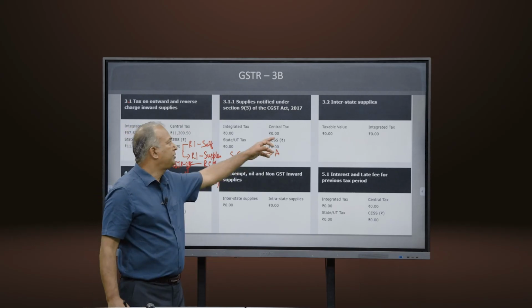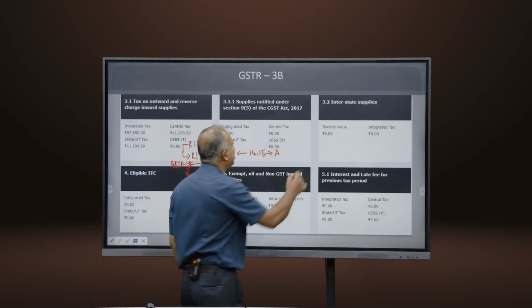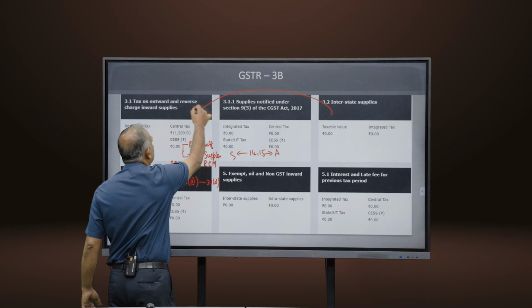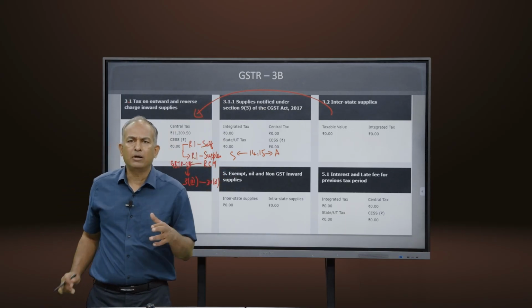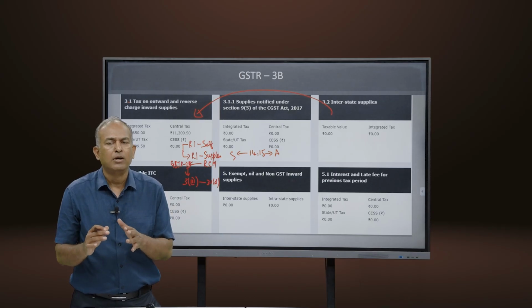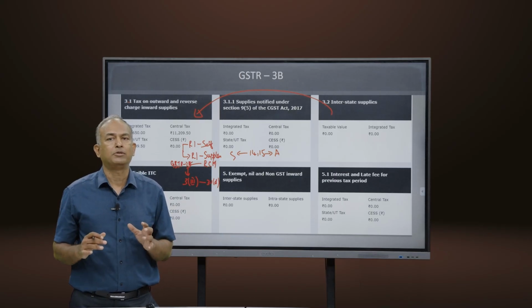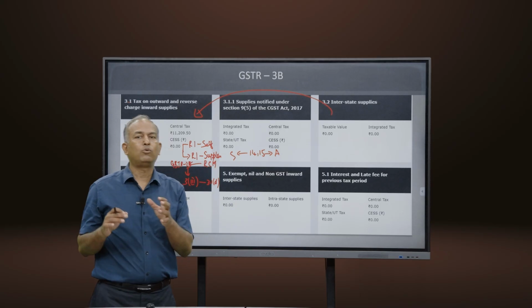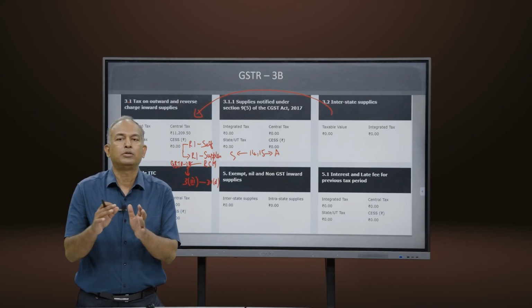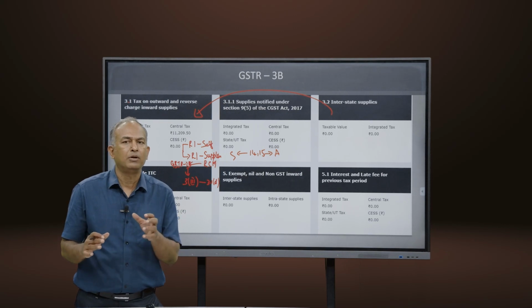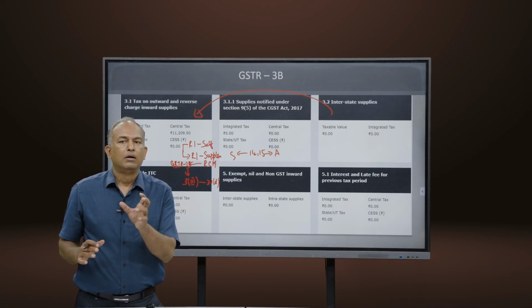Now, interstate supplies, this is a subset of an entry here in this particular table. It is only for reporting purposes, to ensure that there is more compliance so that the consuming states get the benefit of the taxes paid. So the interstate supplies are only those details pertaining to B2C supplies, supplies to a composition levy person and to a UN body.